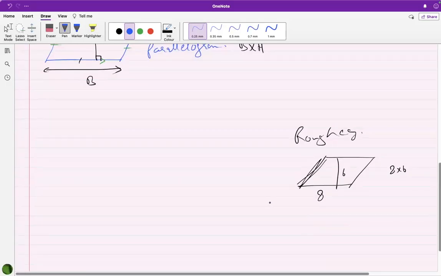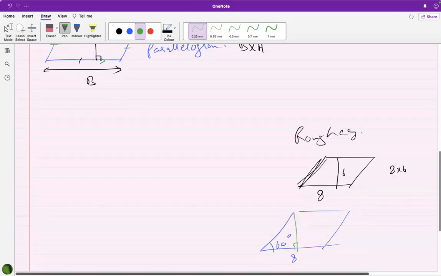Heard about that? In that case, some of the information is given and some is missing. So let's say we know that this is 60 degrees and this is 8. So we can apply trigonometry and find this vertical height. And then to find the area, we'll multiply 8 into this height.